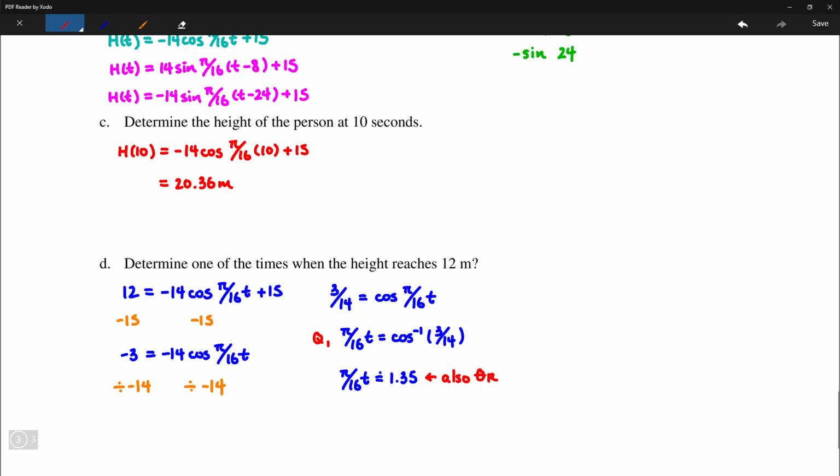But here, that means our quadrant 4 answer is going to be pi over 16t is equal to approximately 2 pi minus 1.35. So that will be approximately equal to 4.93.